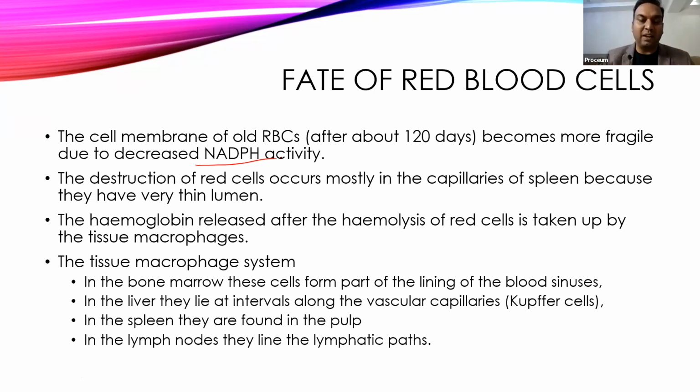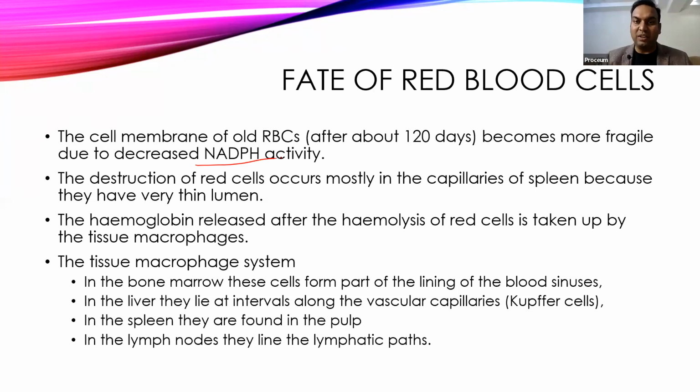The decreased activity causes decreased repair and healing, and that leads to the red cell membrane becoming more fragile. Because of that, these RBCs go into the capillaries of the spleen, where the lumen of the capillary is very small, and they try to squeeze through those capillaries, and because of the fragile cell membrane, the membrane will be torn, which causes destruction of the RBC.